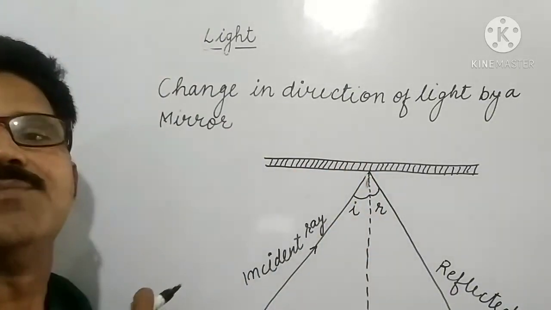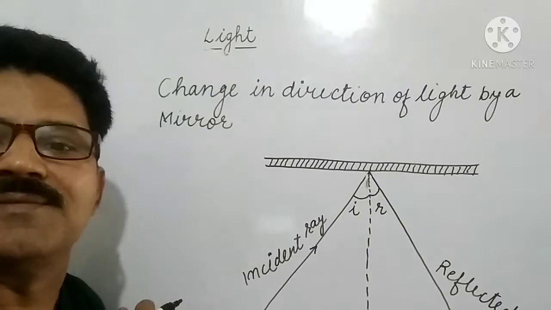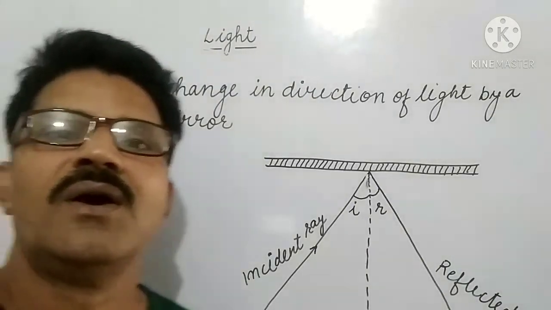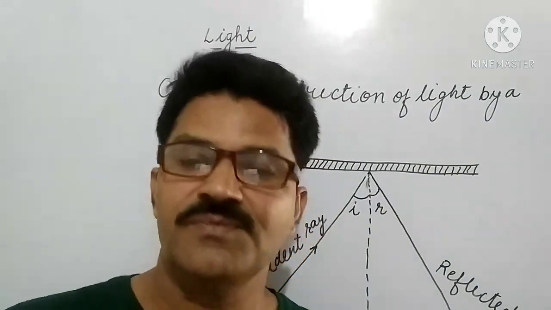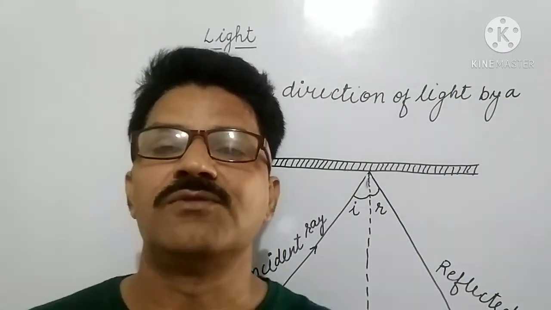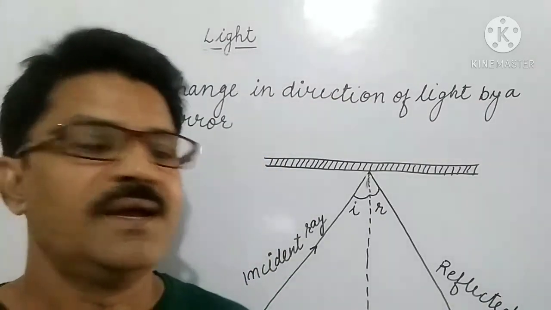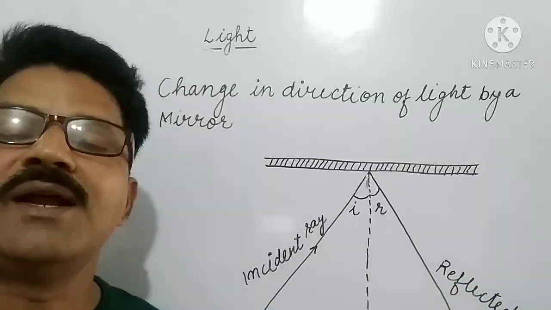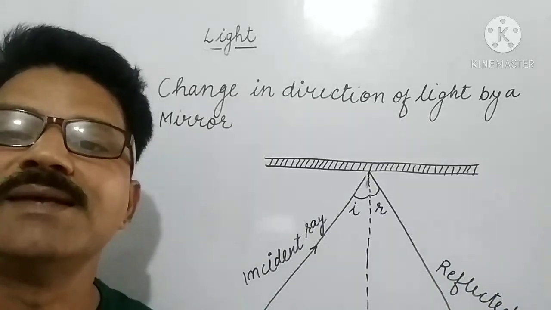We can take it on a plane, on a paper. Clear? So what are the two laws of reflection? One is the angle of incidence is always equal to the angle of reflection. The incident ray, the reflected ray and the normal at the point all lie in the same plane.